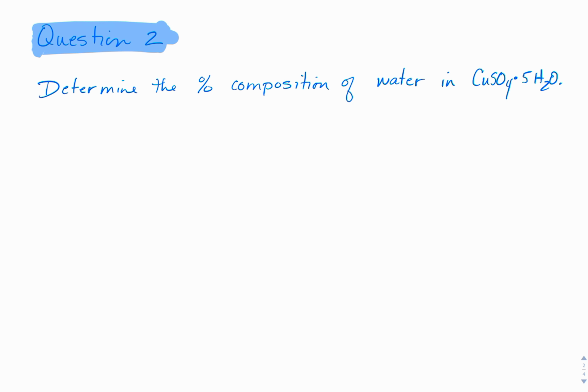So problem number 2. In this problem, what we want to determine is the percent composition of a part of a substance. And this particular one we're going to do is of water. So we want the entire compound, all of the H2O components of this compound that's called copper 2 sulfate pentahydrate.